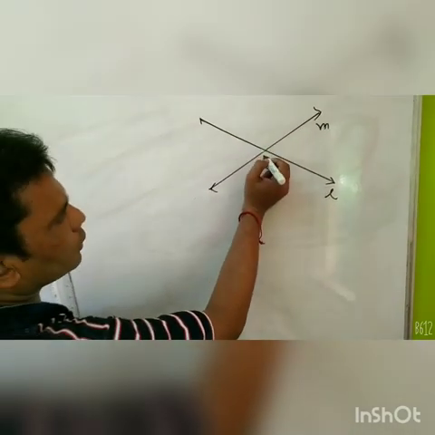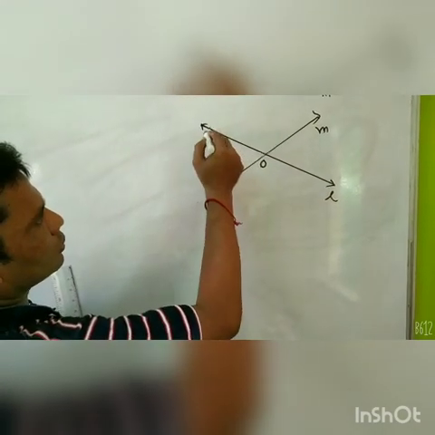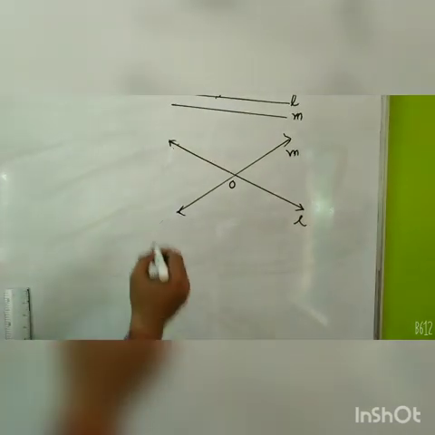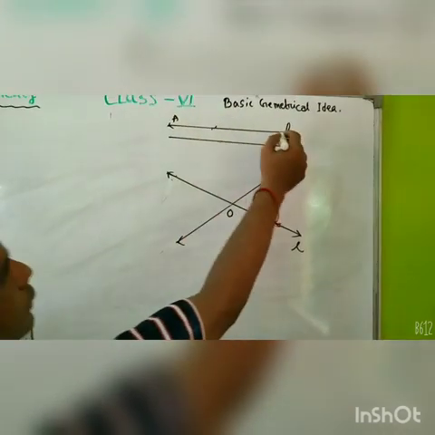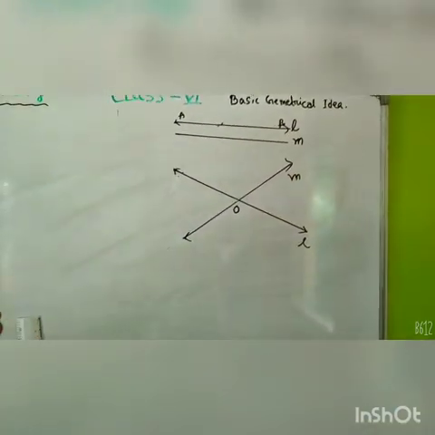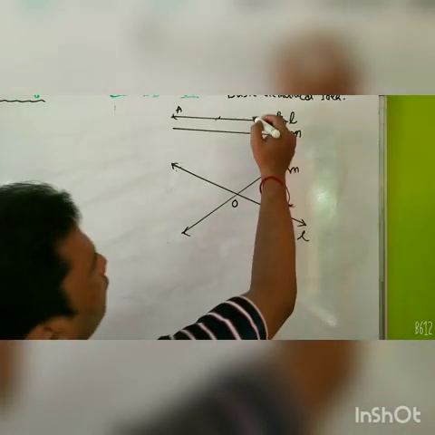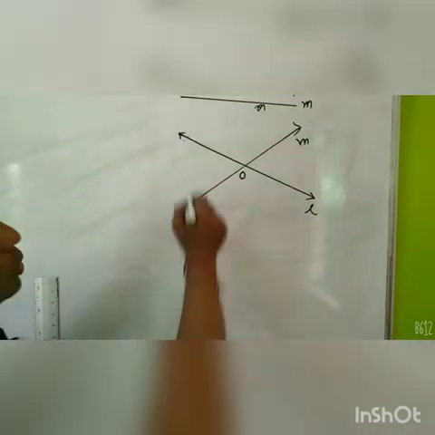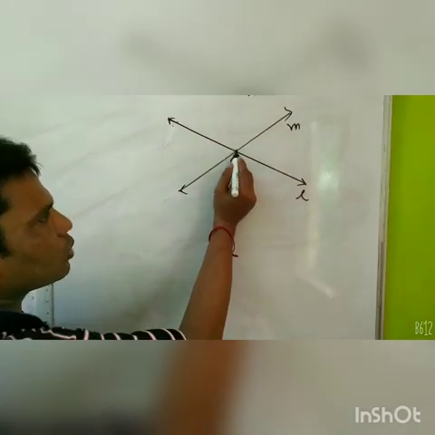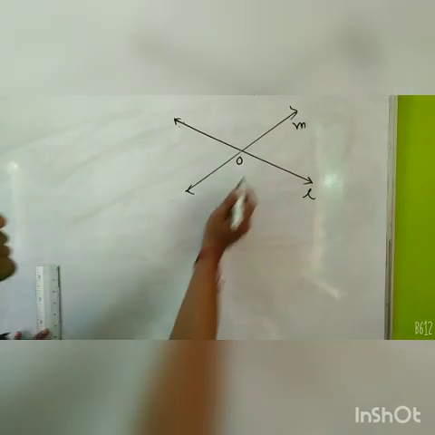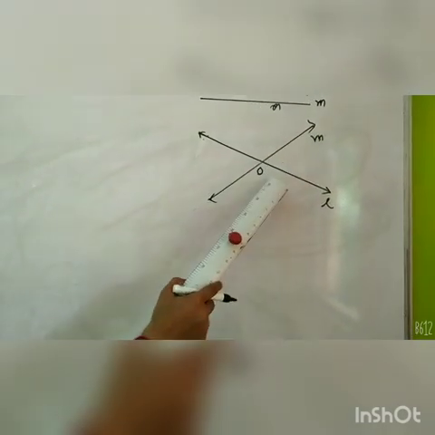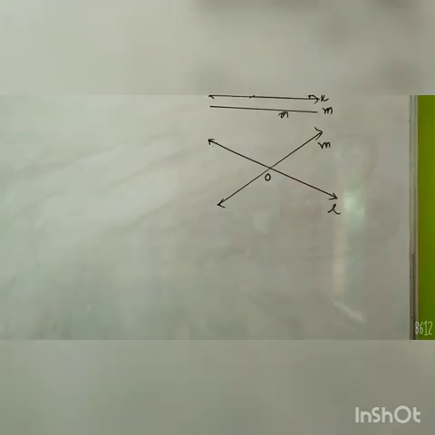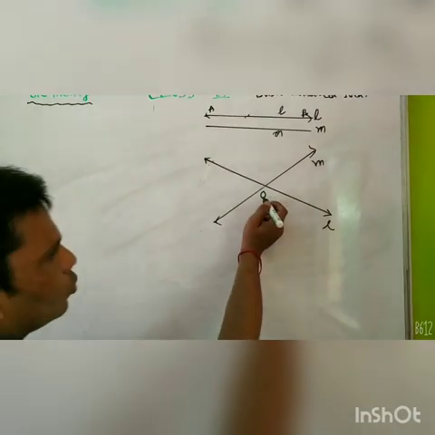There is only one common point, that is O. Previously we discussed a line as AB with capital letters, and now we can express it as one capital L or one small l. So two lines L and M are said to intersect if they pass through a common point, that is O.